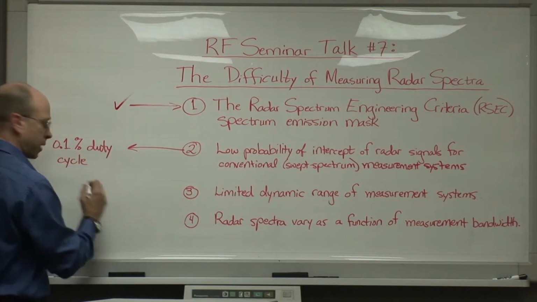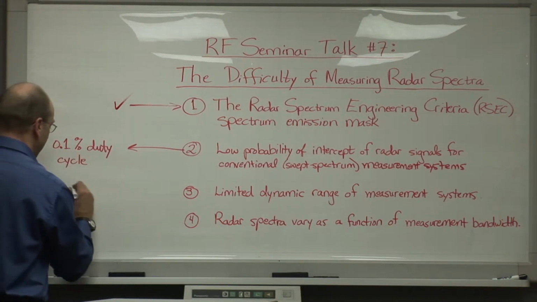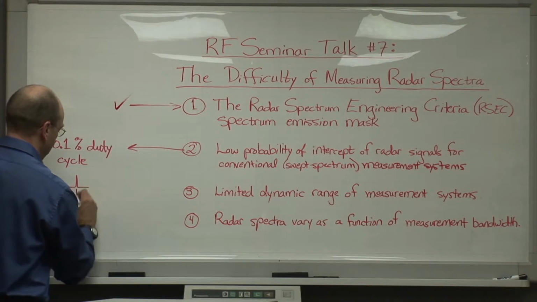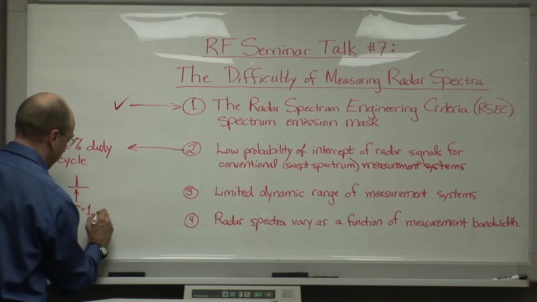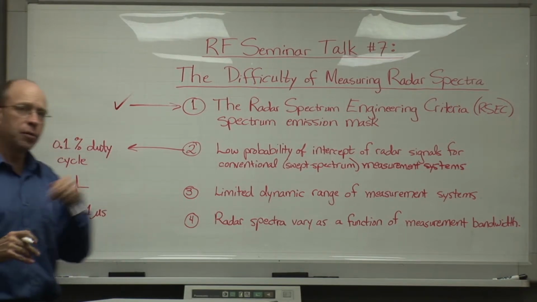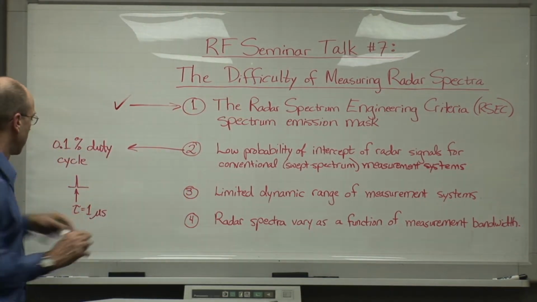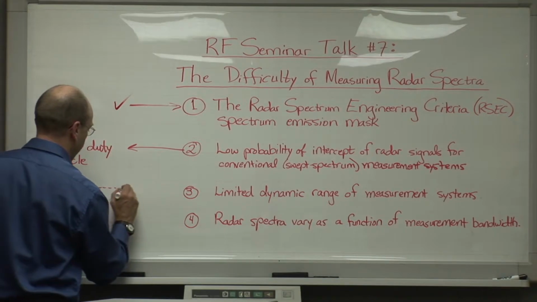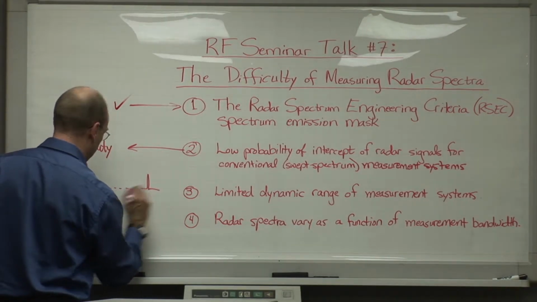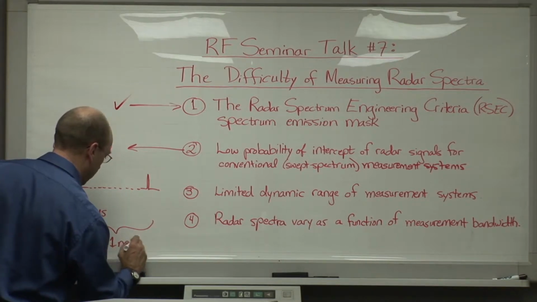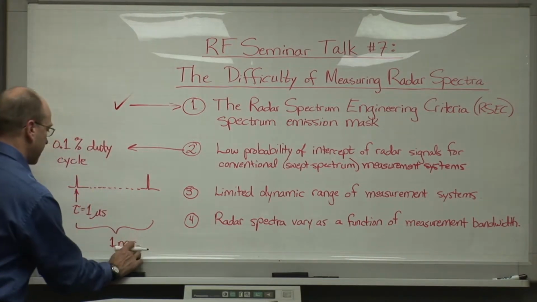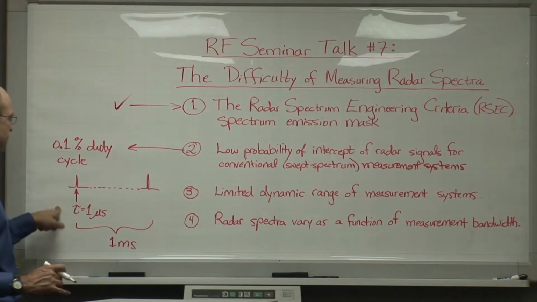For example, and we saw this when we did our air traffic control radar last time around, typically we're firing pulses that have a pulse width tau that's equal to about 1 microsecond. This is for a medium to long range air traffic control radar, with an interval of time until the next pulse occurs, which is in fact about 1 millisecond. 1 millisecond is 1,000 microseconds.